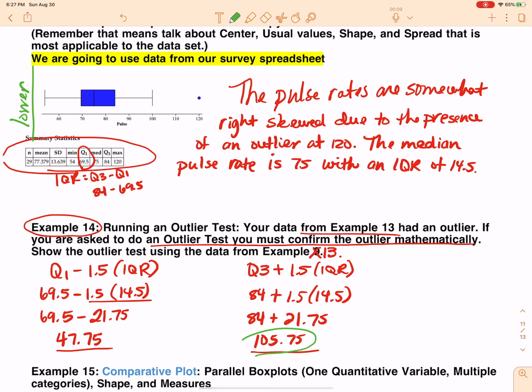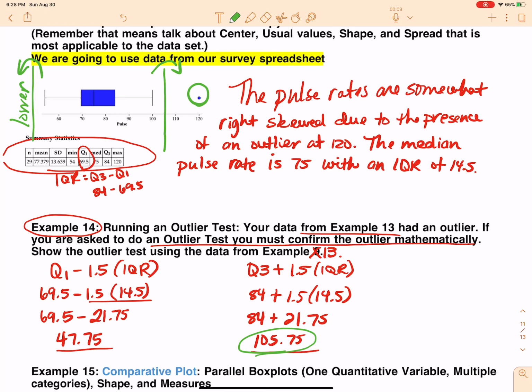The 105.75, on the other hand, is about right here. Those are boundaries. Anything outside those boundaries is an outlier. So clearly we have mathematical evidence that 120 is an outlier.